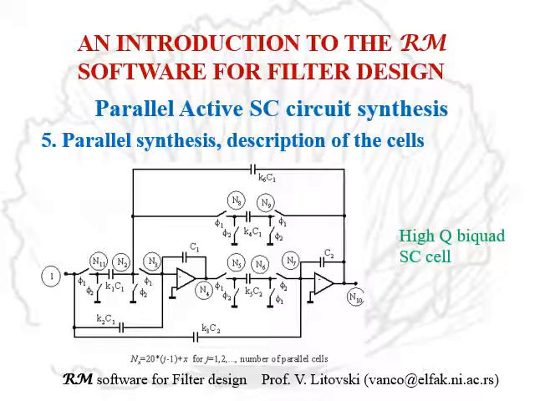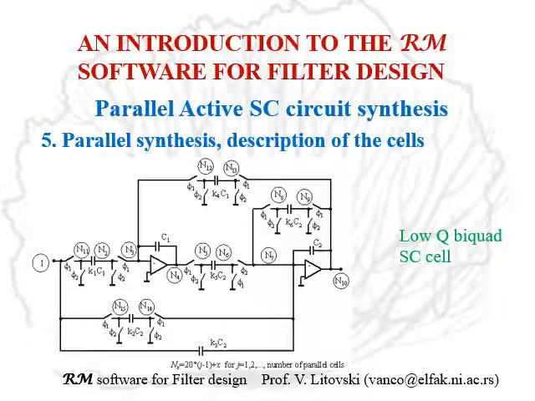Now, let's go to the cells. First, we see here the second order high quality factor biquad switched capacitor cell, which is used in the RM software and more specifically in the SC parallel program.